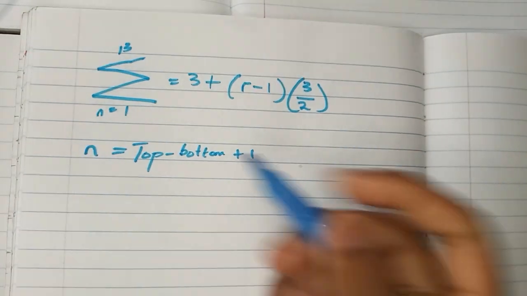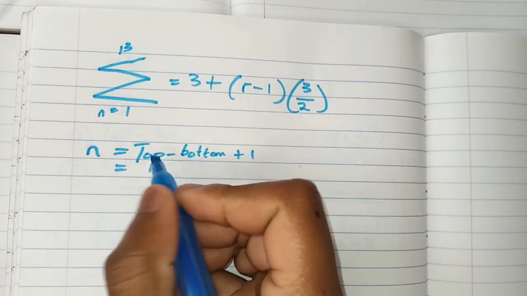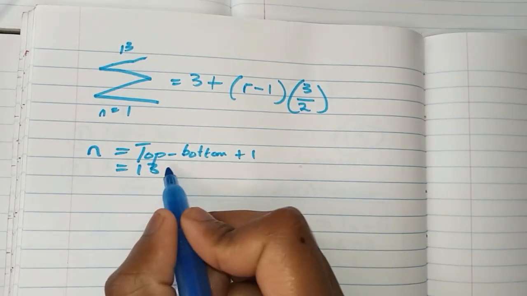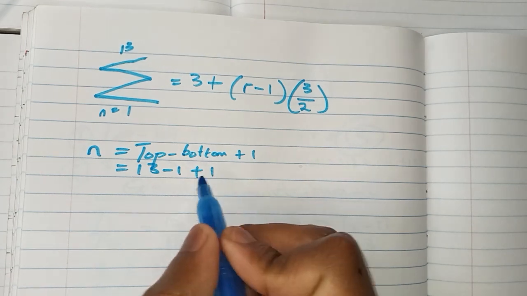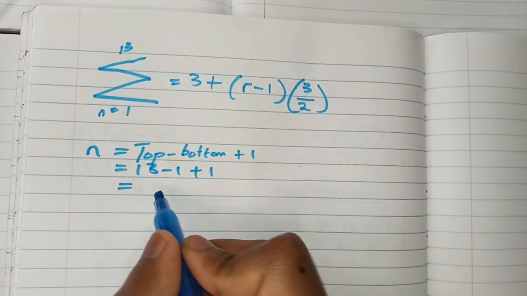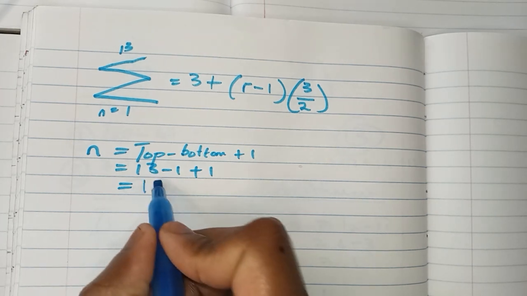So you substitute. It's going to be 13 minus 1 plus 1.